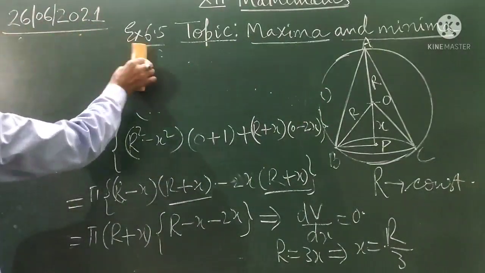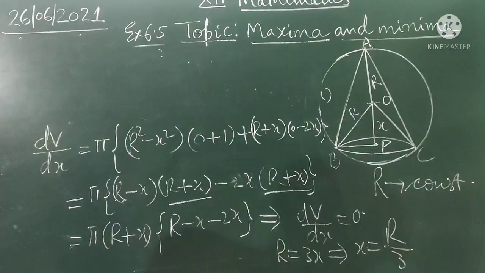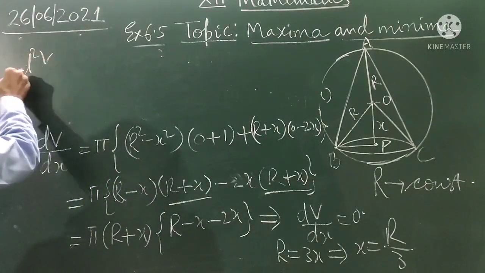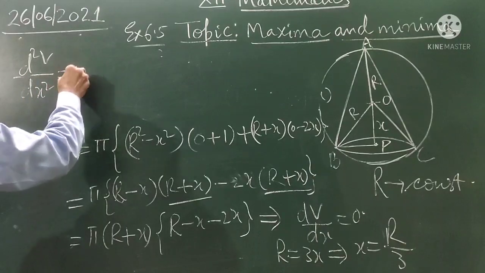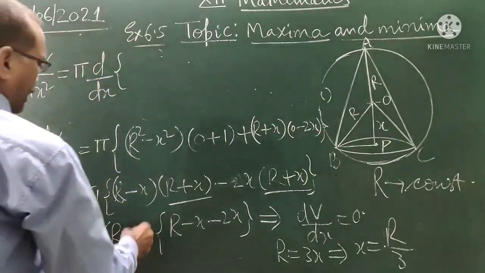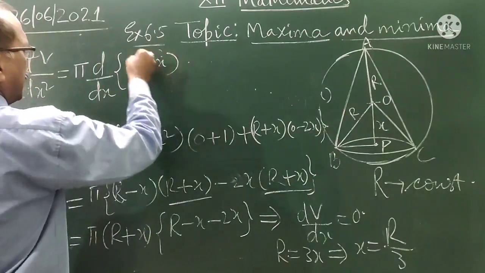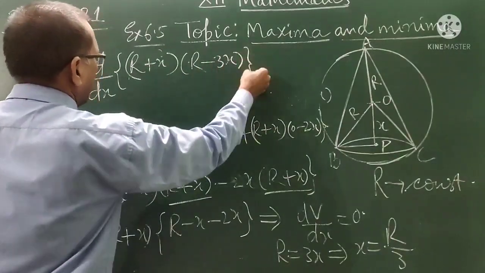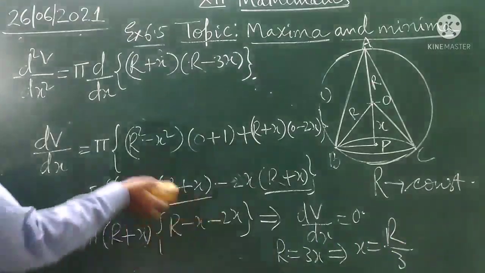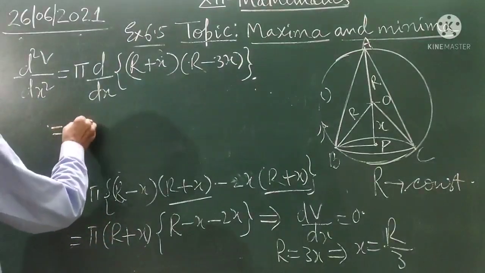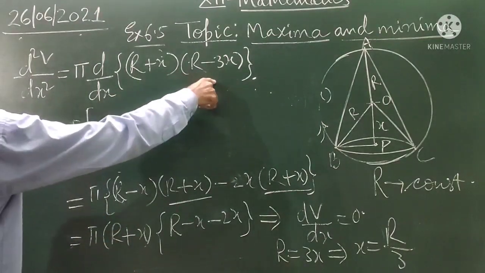Now, to check this is a maximum, let us find the second order derivative. So d2V over dX square is pi by 3 as a constant, d over dX of (R plus X) into (R minus 3X). Now we will differentiate it. Apply the product rule.